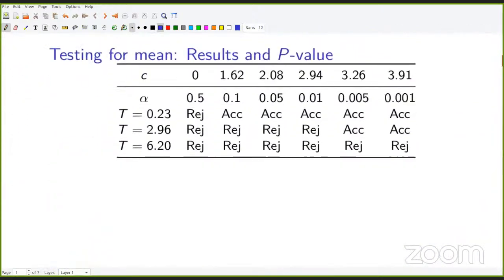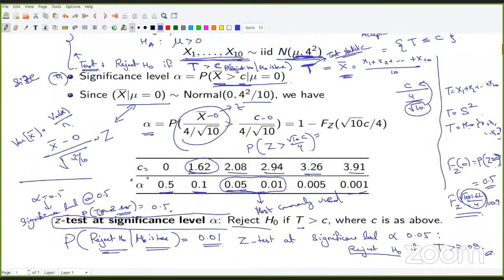Okay, once again, sir. One more thing: whatever C we have been talking about till now, this particular C is called the critical value. The word critical itself tells us that if your test statistic value crosses that critical point, we are going to reject null.